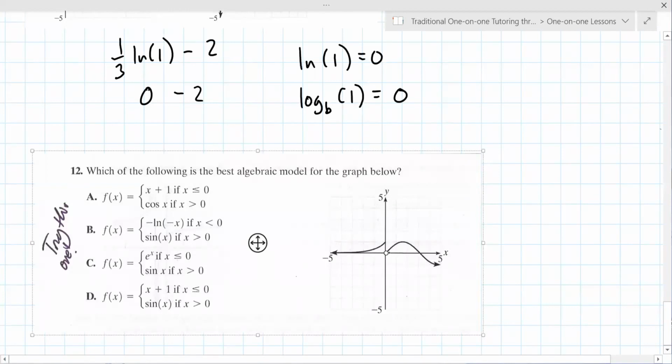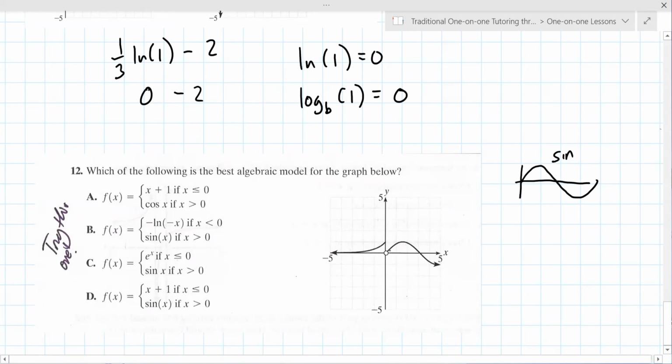Does sine or cosine start at 0 and go high? I think it's sine. So this is some sort of sine. And again, if this is multiple choice, because 3 of them are sine, chances are it's a sine.